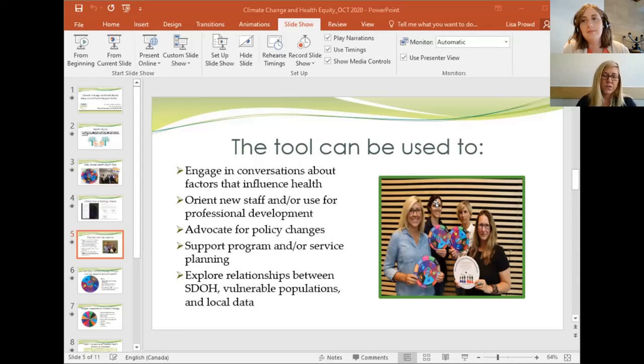But the tool can also be used to orient new staff or in professional development related to health equity, to advocate for policy changes that might improve the health of individuals, to support program or service planning while considering the needs of vulnerable populations, and to explore the relationships between social determinants of health, populations, and local data.